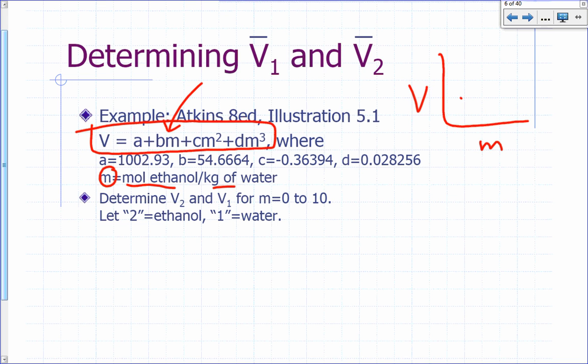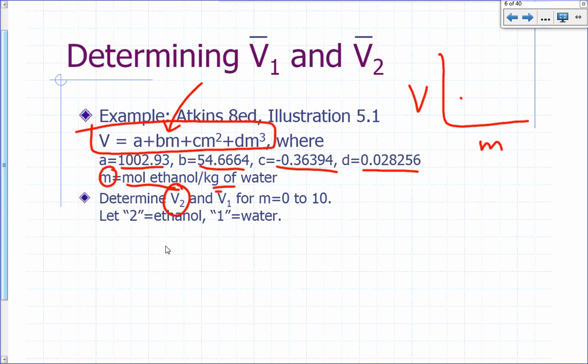And the values of A, B, C, and D are given here: 1002.93, 54.6664 for B, negative 0.36394 for C, and 0.028256 for D. So let's determine a formula for the partial molar volume of ethanol and water for a range of solutions going from pure water to a 10 molal solution of ethanol.